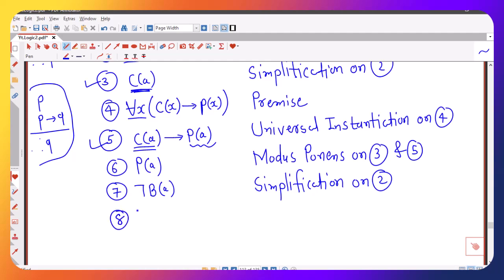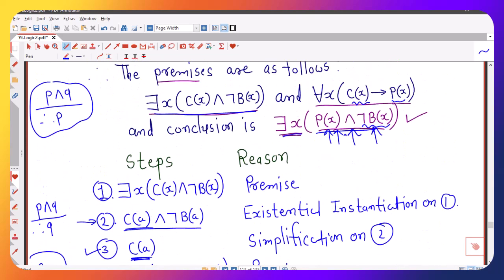Now we want to get this: there exists x such that Px and negation of Bx. So if you recall the rule of inference, which is existential generalization, which says that if there is some C for which we have P of C, then we can say that there exists x such that Px.